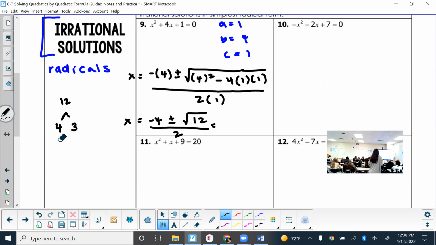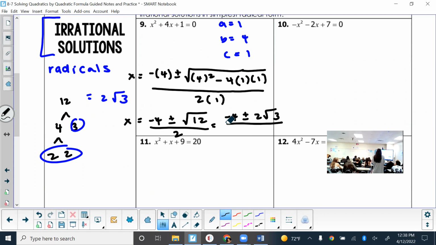Good. Are they both prime? So break the 4 down. Good. And when you set up your radical, it's 2 radical 3. So then my answer will look something like this. -4 plus or minus 2 radical 3 divided by 2.